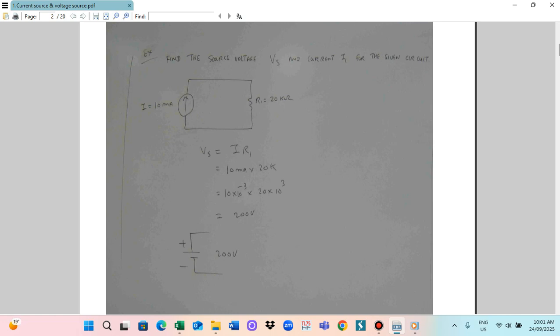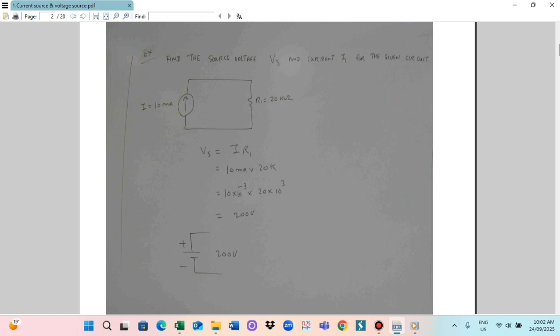Milliampere is 10 into 10 power minus 3, and 20 kilo ohm is 20 into 10 power 3. So that way it is 200 volt. So if you know the current and resistance, you can find the voltage.